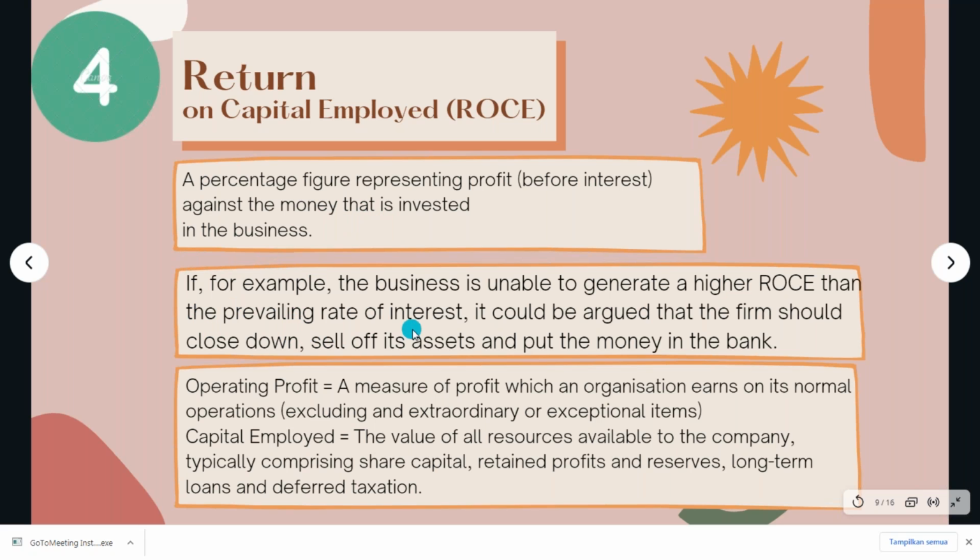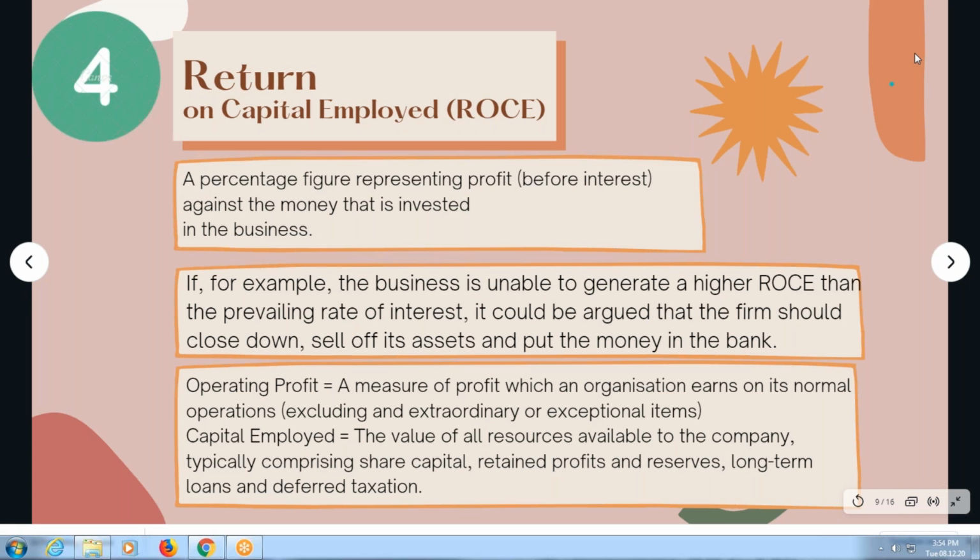So, for example, if the business is unable to generate a higher return on capital employed than the prevailing rate of interest, it could be argued that the firm should close down or sell off its assets and put the money in the bank. Operating profit is a measure of profit which an organization earns on its normal operations, excluding extraordinary or exceptional items.